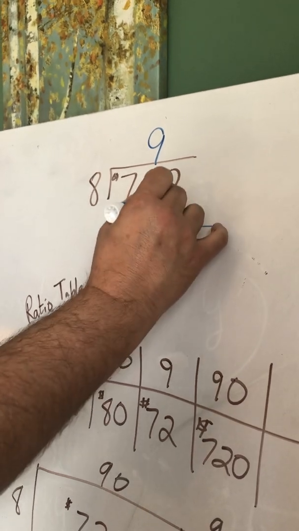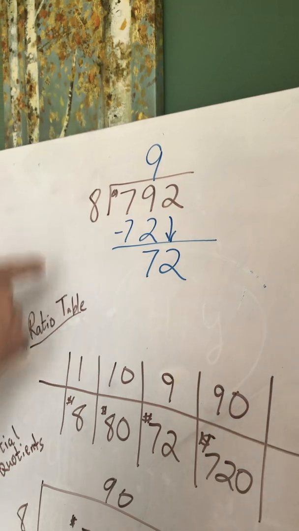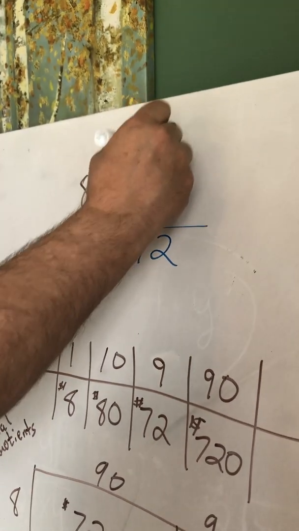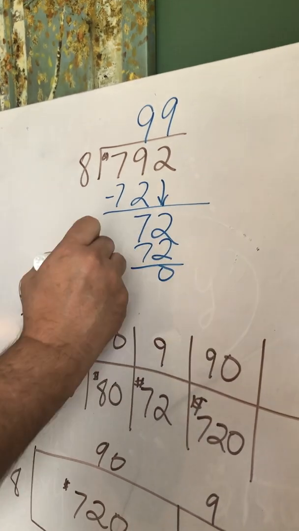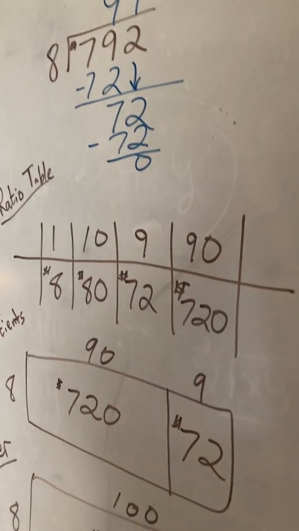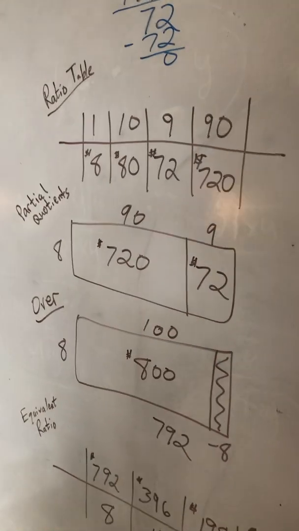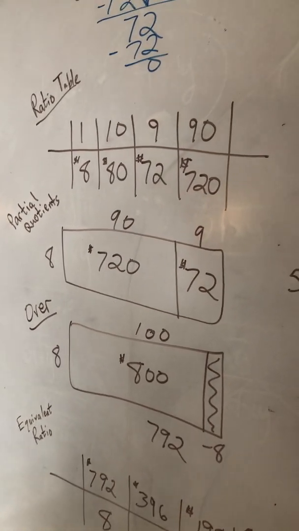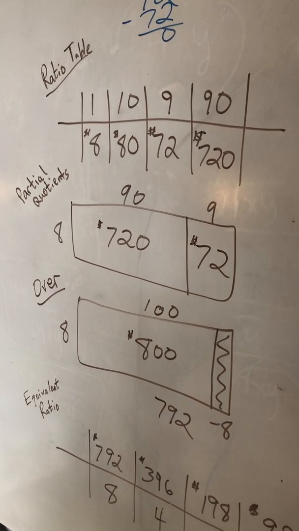Subtract. And look what we got. 8 into 72 is 9. 9 times 8 is 72. No remainder. So the answer is going to be 99 on all of these, but I wanted to show you the different ways of doing it.